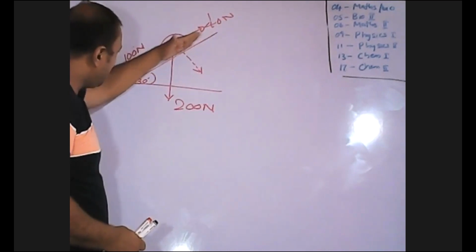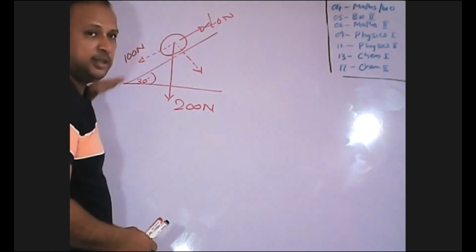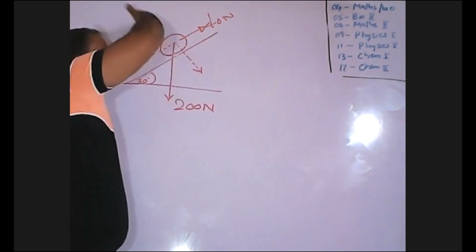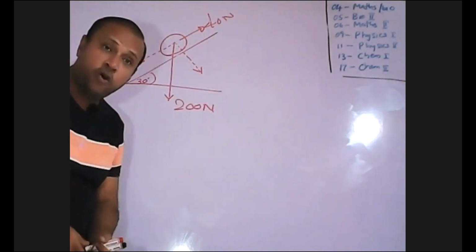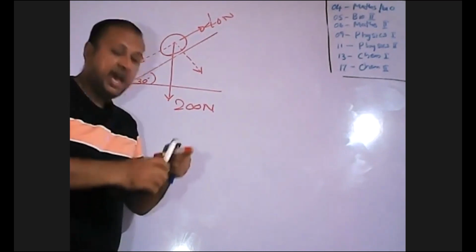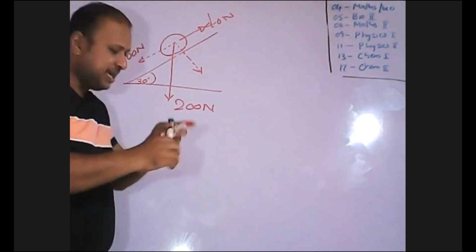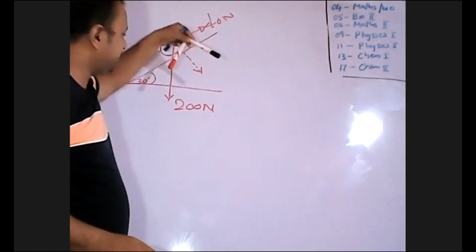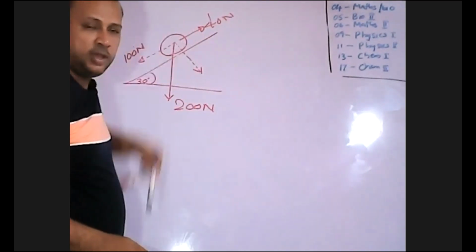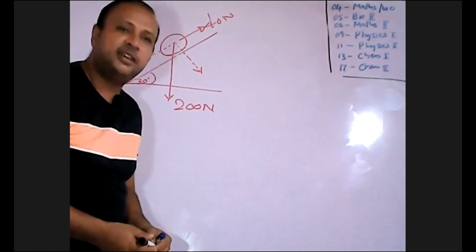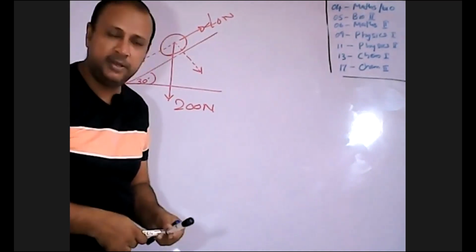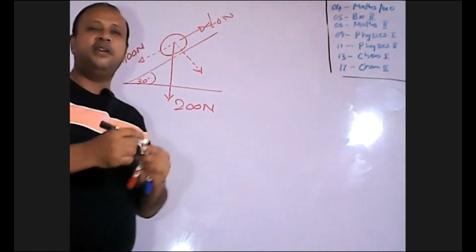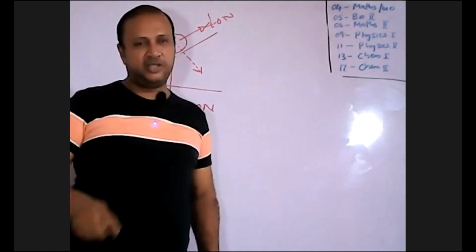The other one is perpendicular to the plane. Therefore, the two forces are perpendicular to each other now. So I can simply take the resultant force if they are perpendicular to each other. And that is the reason why I am resolving in this process.